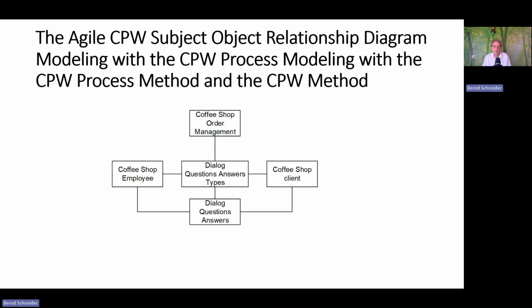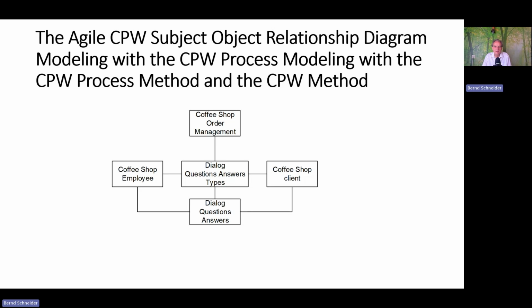We have here now the dialogue question answers and dialogue question answers types, which is the dialogue between coffee shop employee and coffee shop client, which is coffee shop sales assistant Mary in our concrete example, and coffee shop client Paul.